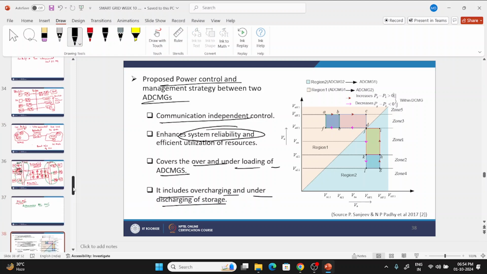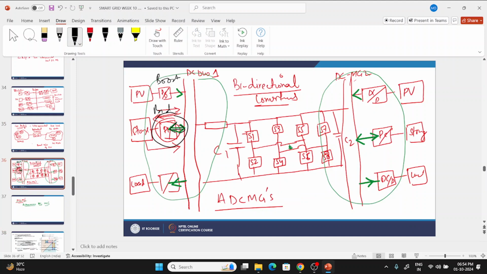For example, let's say for some area, the first DC microgrid has a higher requirement, but here the PV is not generating as much power, so the demands cannot be met. So what happens here is that the second microgrid, if possible, can supply power to the first microgrid. It will increase the reliability of the first microgrid, and it also covers the underloading.